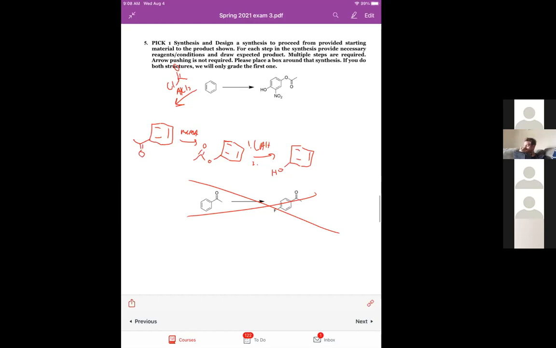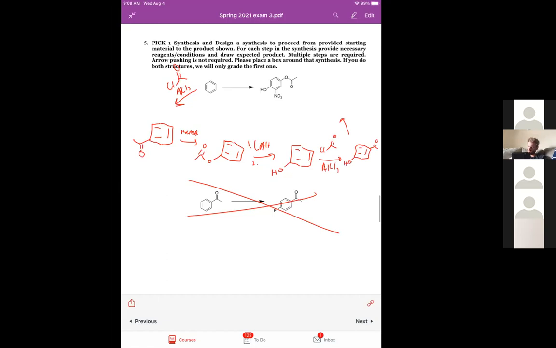From here, we've got an ortho para director. Adding our ester group is probably going to be the easiest thing to do next, or adding our other ketone. So taking the same reagent. Next steps are a little unspecific, so we could either add in the nitro now or do the MCPBA. It doesn't really matter.